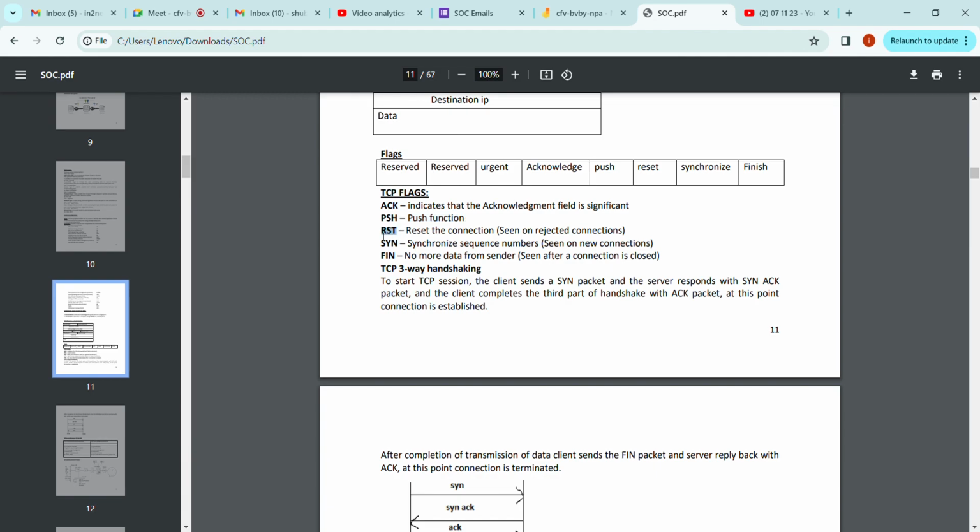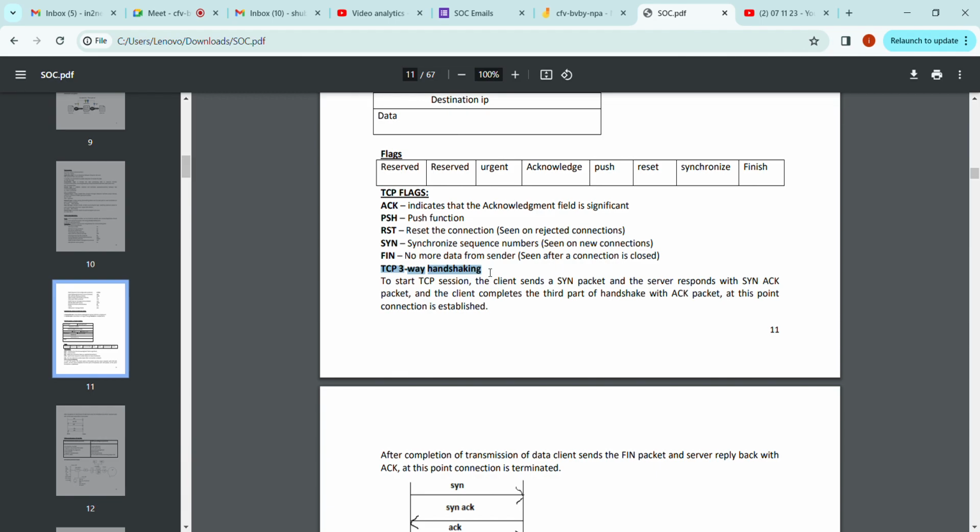The other one is RST. RST refers to resetting the connection, seen on rejected connections. SYN command significance is synchronized sequence number, and FIN means no more data from sender. So typically we have to establish a connection for any end user.